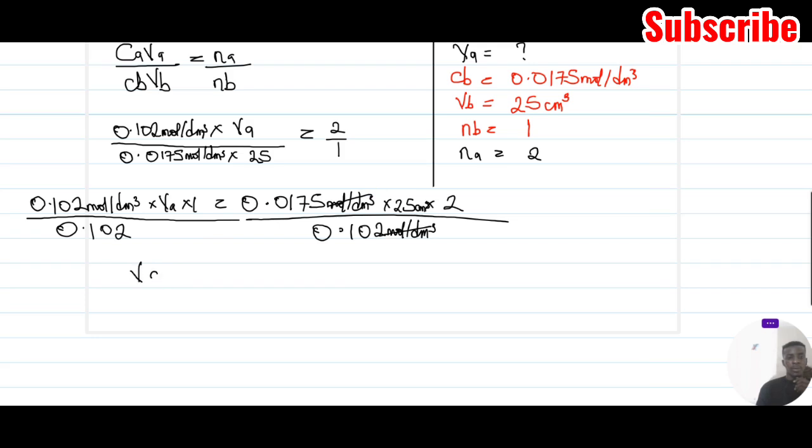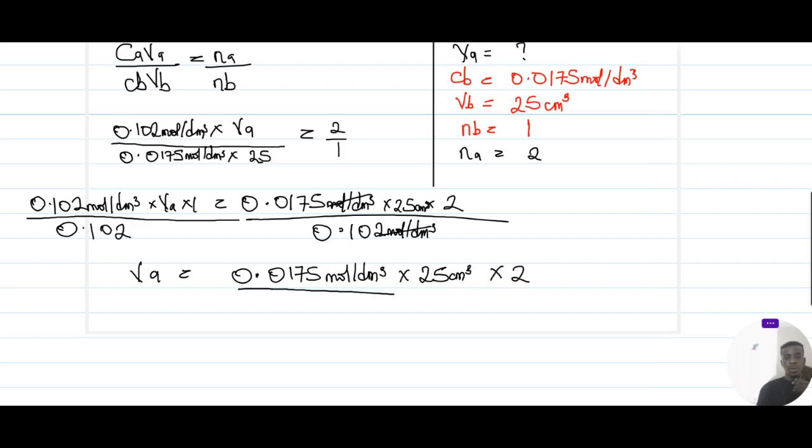So our Va now becomes 0.0175 mole per dm cube times 25 cm cube times 2 over 0.102 mole per dm cube. This one cancels this.